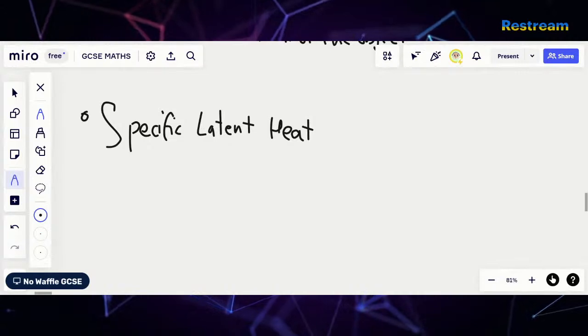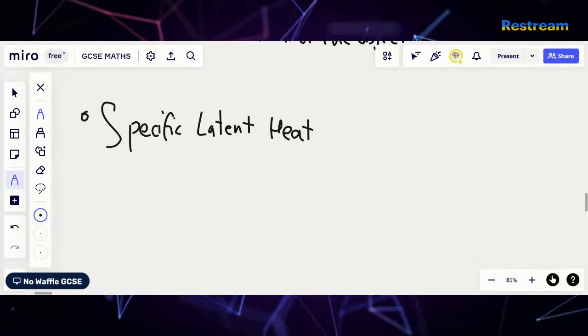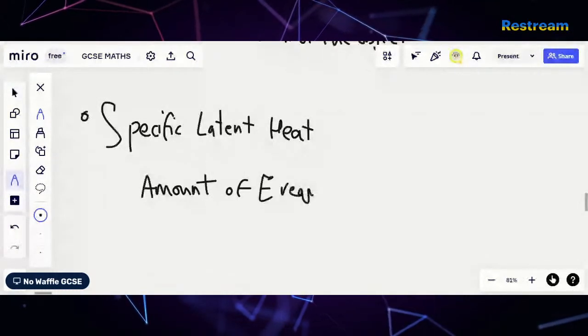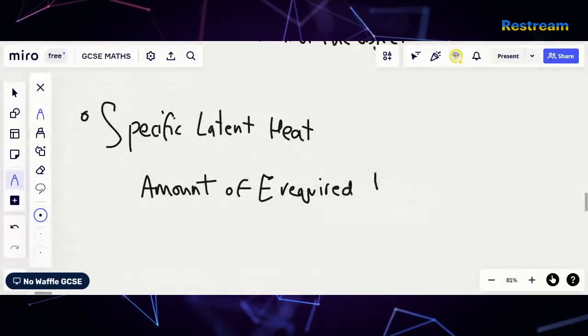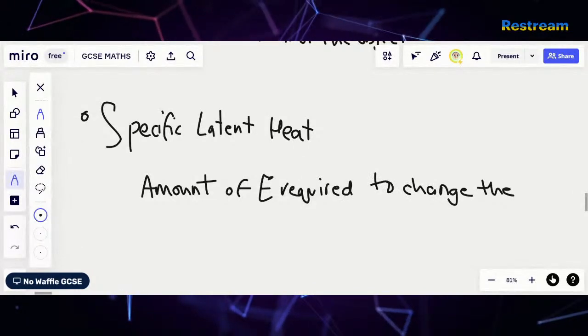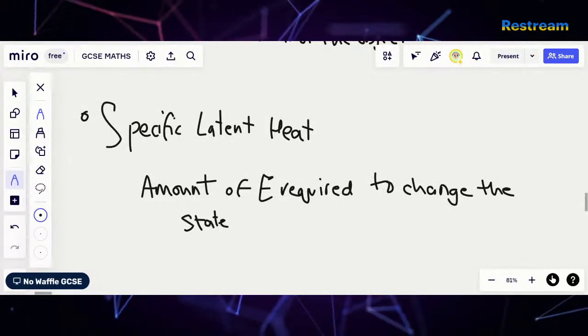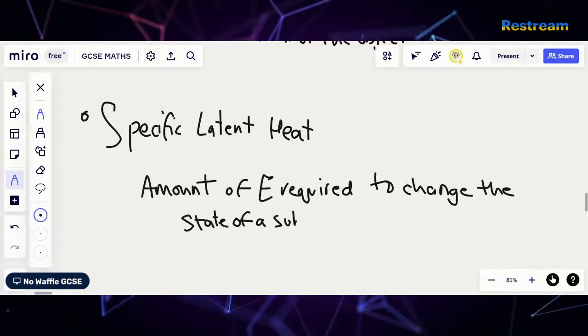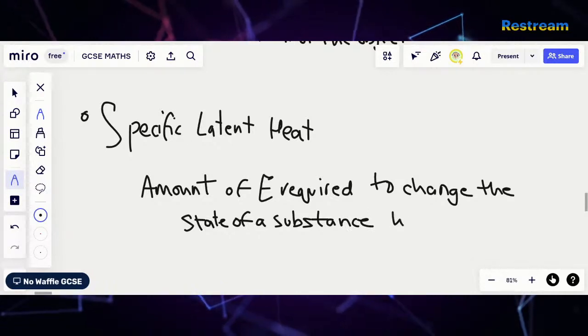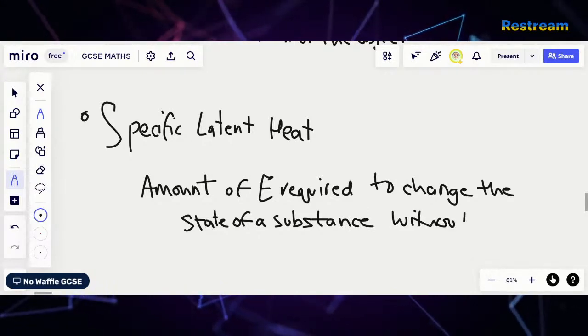So it is the amount of energy to change the state of a substance without changing its temperature.